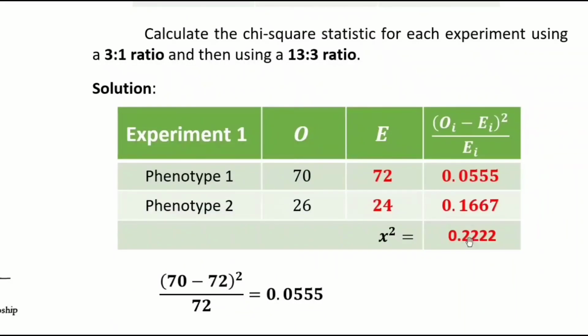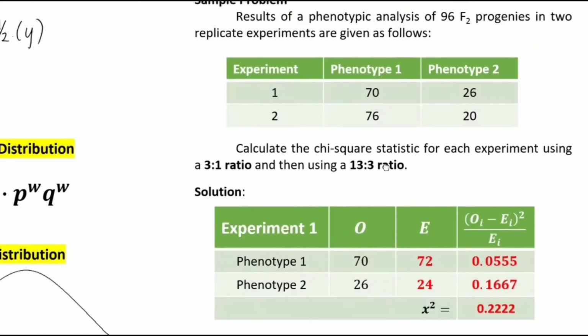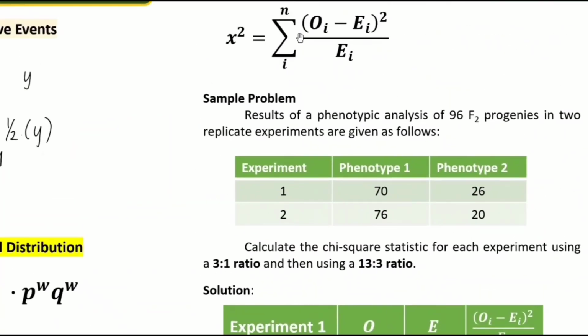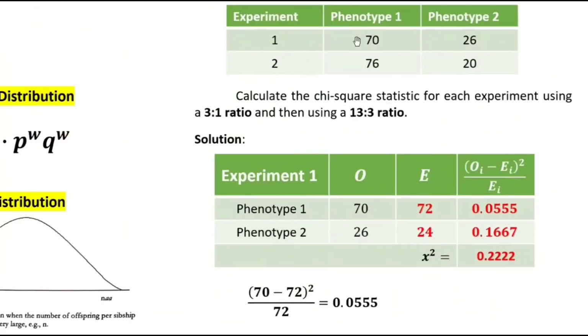You get 0.1667, and then since chi-square siya, we have to get the summation or the total. Okay, so the total of this is 0.222. Okay, so the value of the chi-square statistic is 0.2222. Or you can just simplify it to 2 decimal places rather. So yun yung pagkuha ng chi-square statistic.